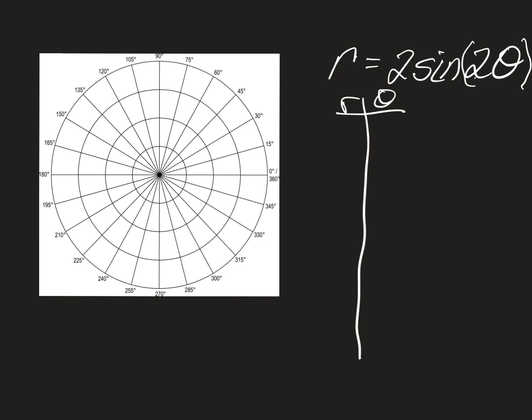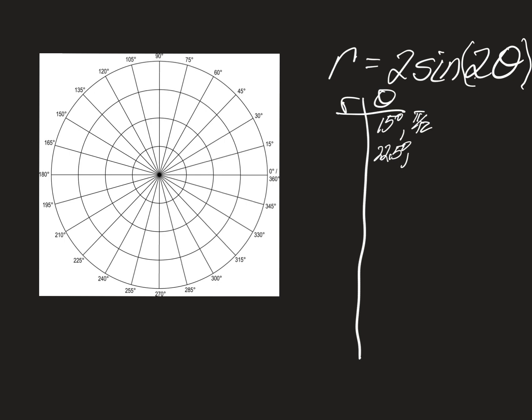So what I'm going to do is let theta be 15 degrees or pi over 12. Either one, you can think of it either way. And then I want to go to 22.5 degrees, which I believe might be pi over 10, but we can calculate it later.